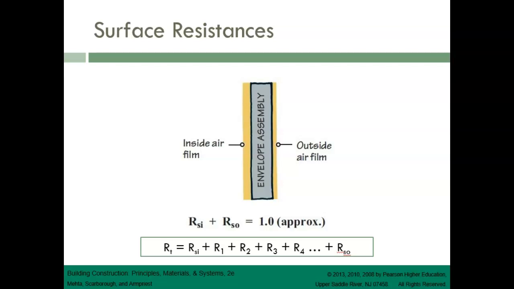So the R value of the inside air film is approximately 0.7, and the R value of the outside air film is approximately R2. So when we add these two together, we will round it up to R1 for both layers.